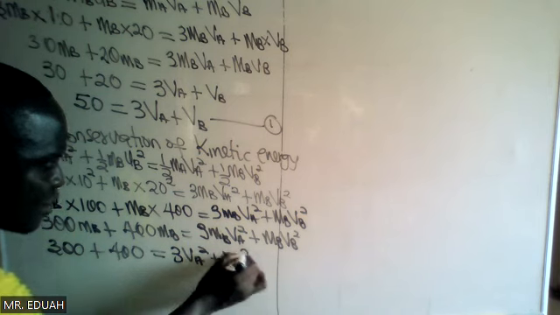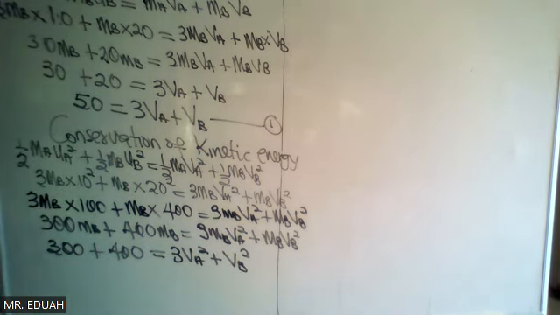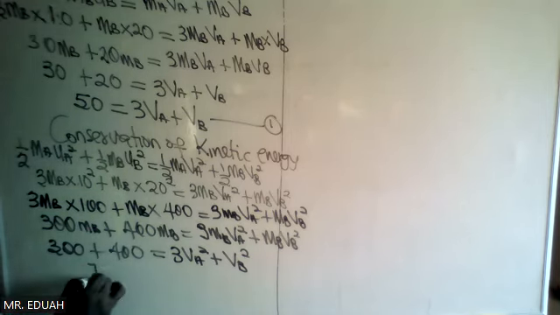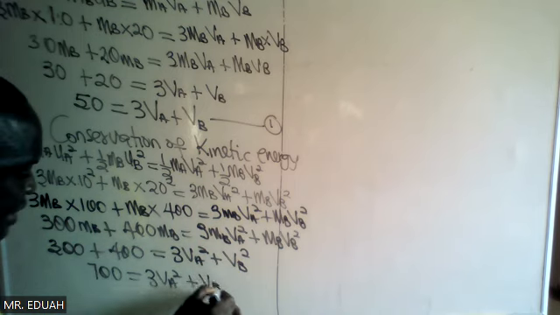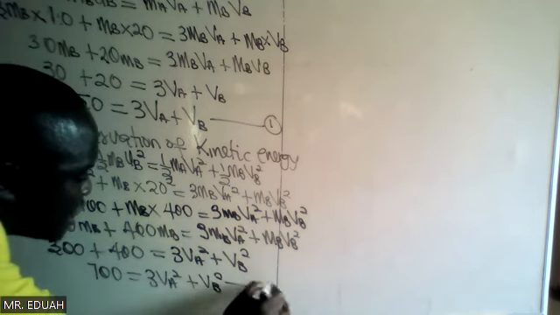When we add whatever we have at the left-hand side, we have 700 is equal to 3 VA squared plus VB squared as equation 2.